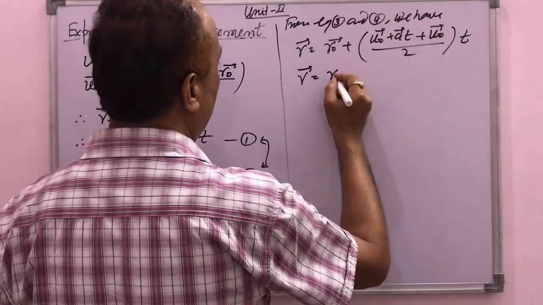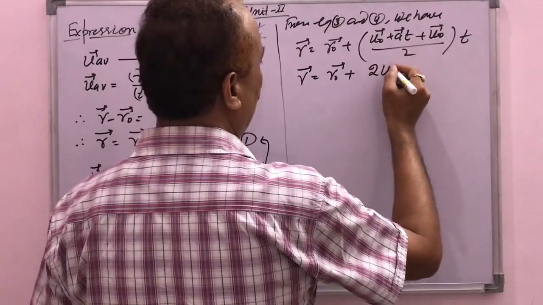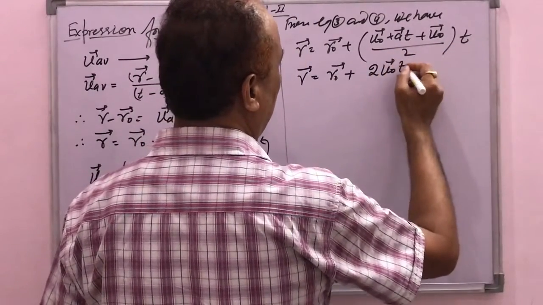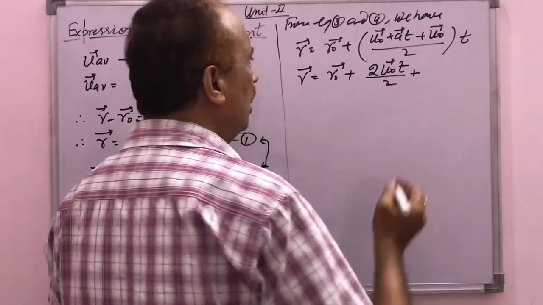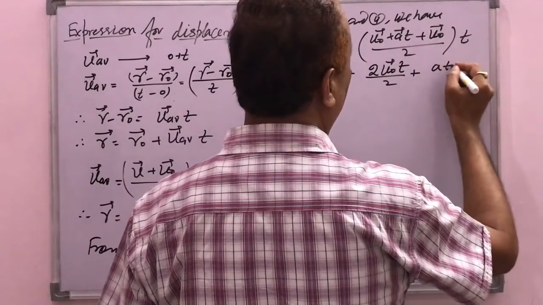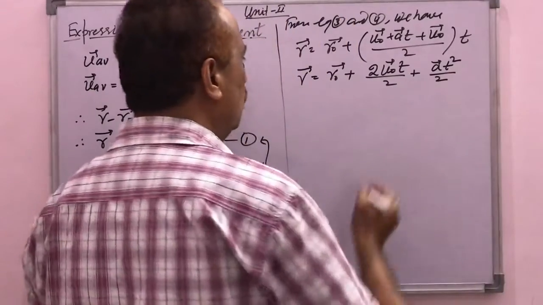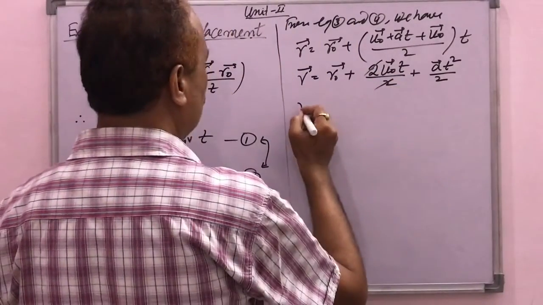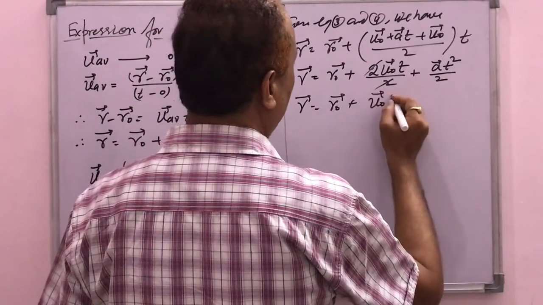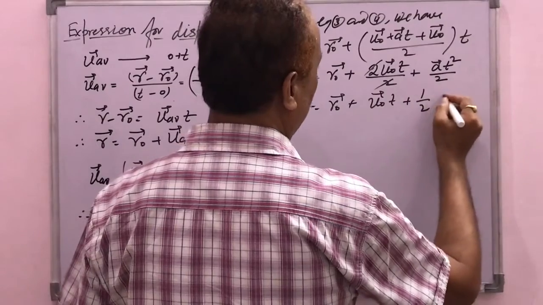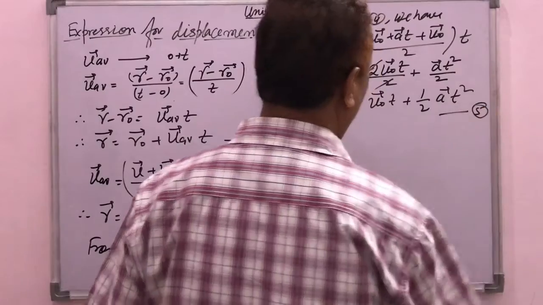R vector equal to R naught vector plus twice V naught vector multiplied by t divided by 2, splitting the term after multiplication. Again A t vector multiplied by t gives A t square divided by 2. The 2 cancels by 2. So R vector will be equal to R naught vector plus V naught vector t plus 1 by 2 A vector t square. This is equation number 5.